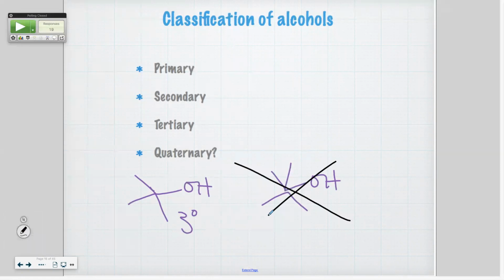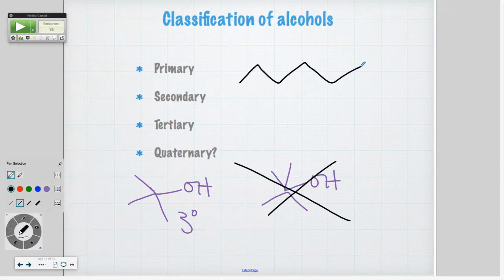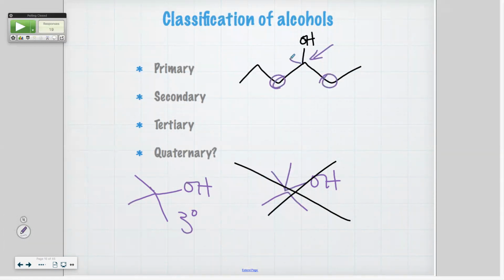All right. So let me draw you a compound, and then you're going to tell me what kind of alcohol that is. Primary, secondary, or tertiary; it is never going to be quaternary. Secondary. So you look at this carbon, it's got 2 other carbons and 1 hydrogen attached to it. So it's secondary. All right, you got it?